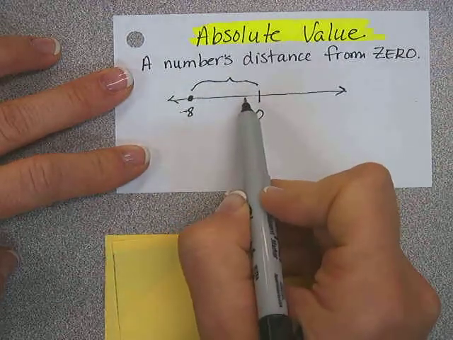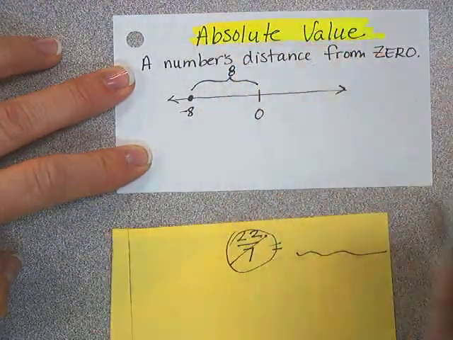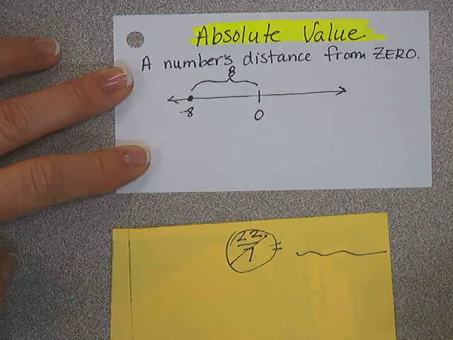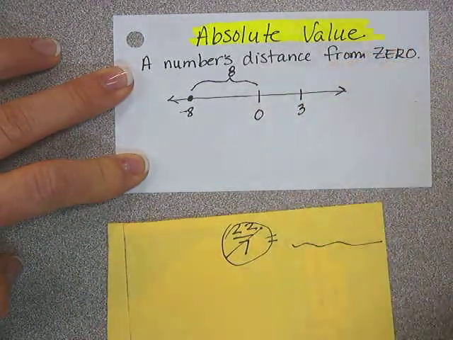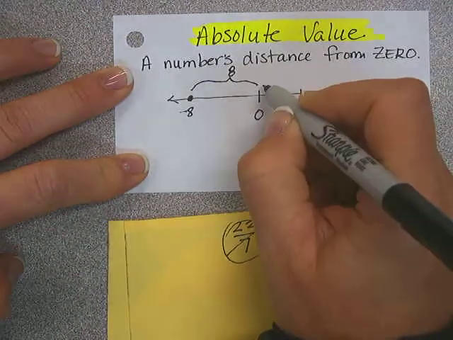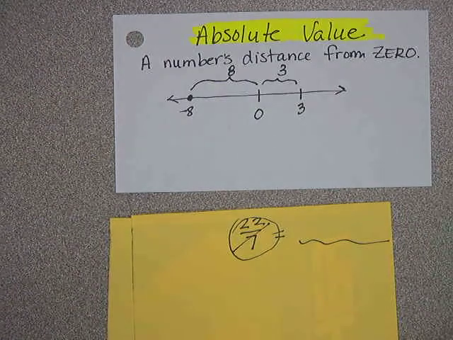So you can't say it's -8 feet from 0. That distance is +8. If the number is positive, like 3, its distance from 0 is 3.